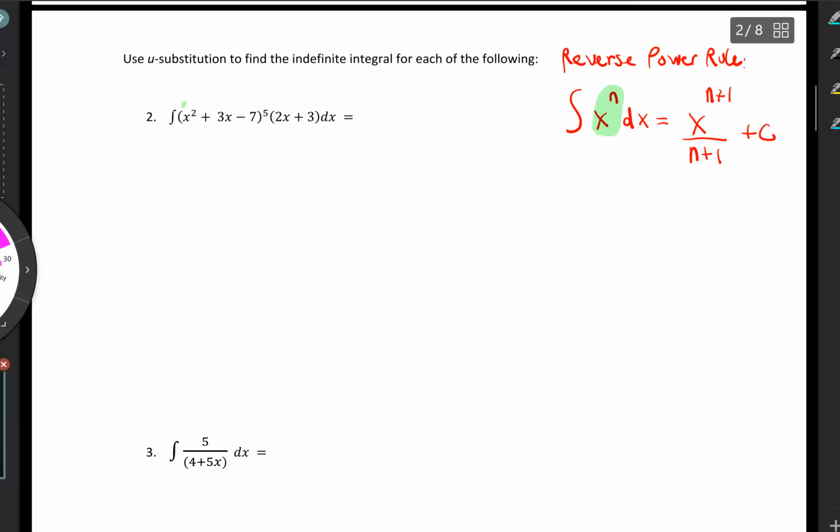My u is either going to be this trinomial or it's going to be the binomial. Well, I know it's going to be the trinomial because I'm trying to match something that has an exponent, right? Remember, in your power rule, your exponent is a constant. So let's write down what we need here. Our exponent is going to be a constant. So constant exponent.